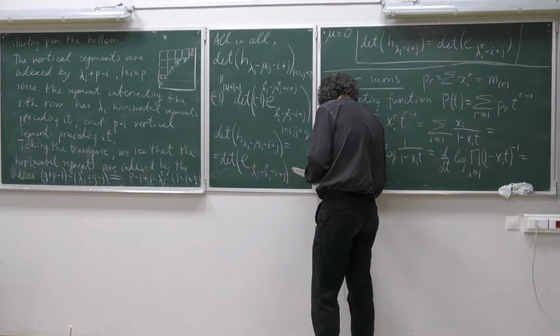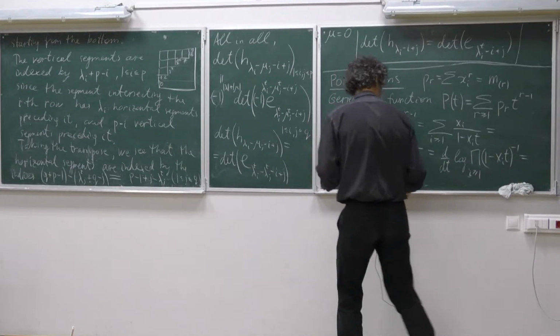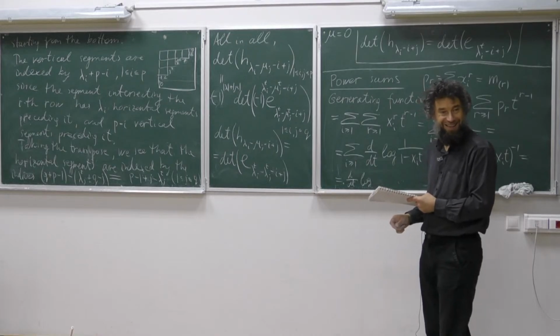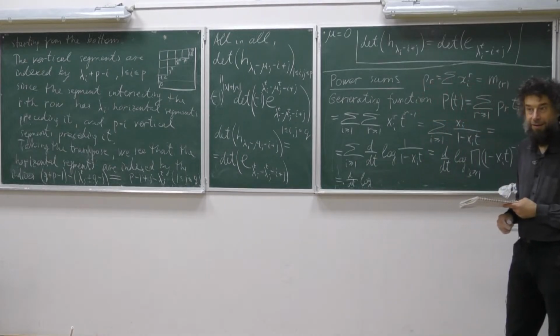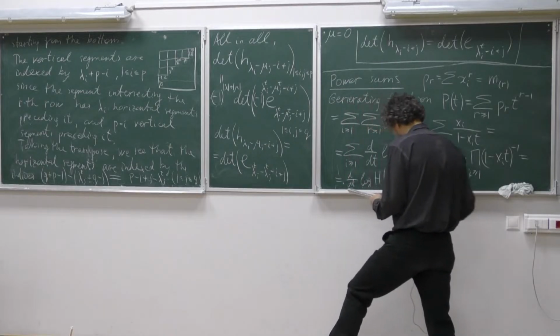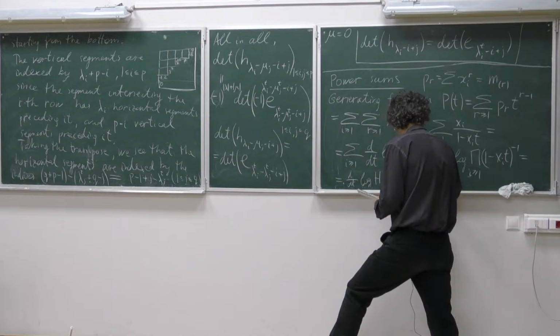And this is the logarithmic derivative of, you know what? Pardon me? Right, H(t). Okay, so this is H'(t) over H(t).